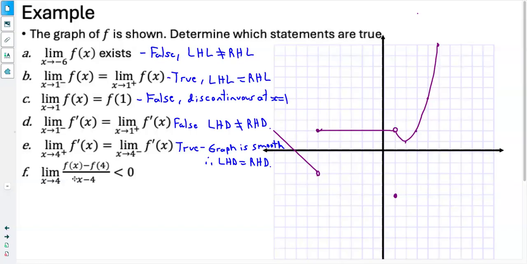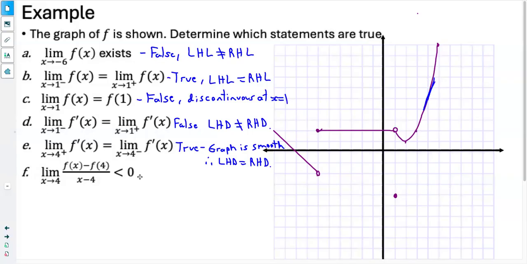Okay, so this next one, it's saying our limit as we're approaching 4 of f of x minus f of 4 over x minus 4. So it's looking for our slope at 4 and saying it's less than 0. But we can see from here at 4, we have a positive slope, which means our limit is going to be greater than 0.